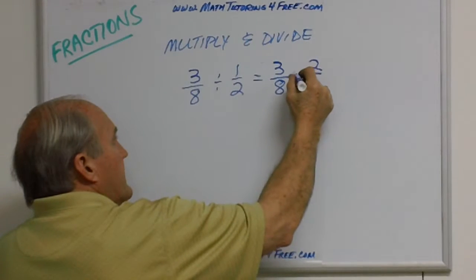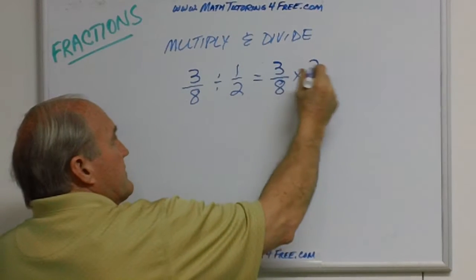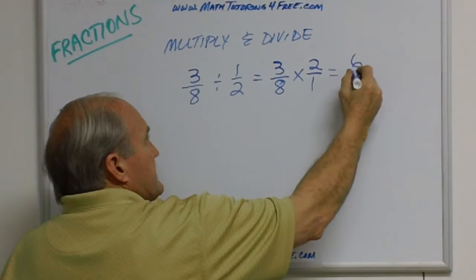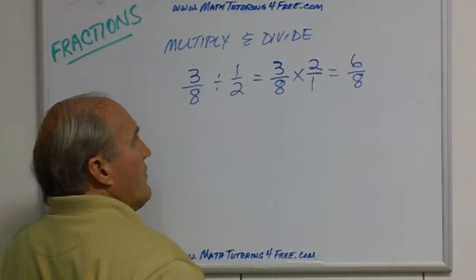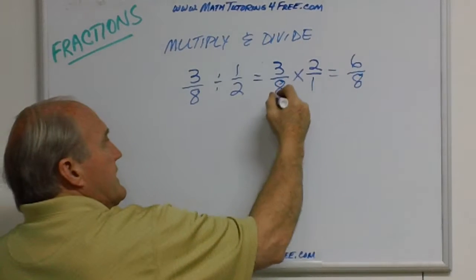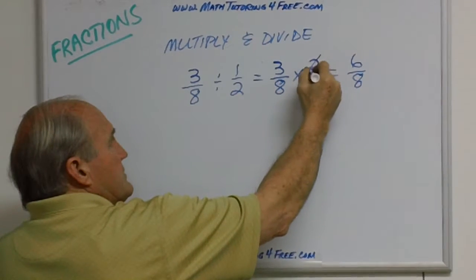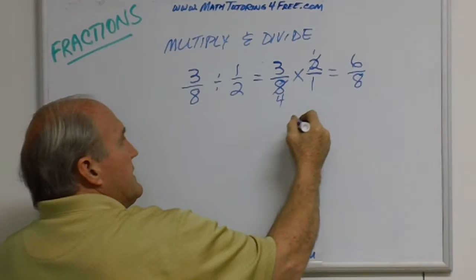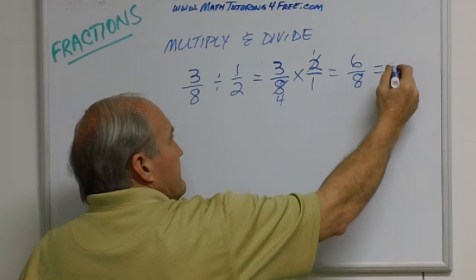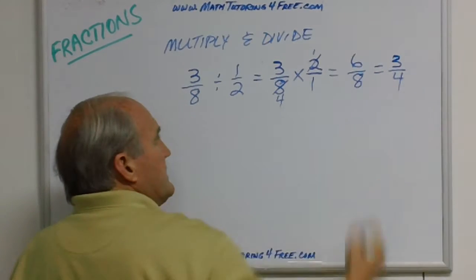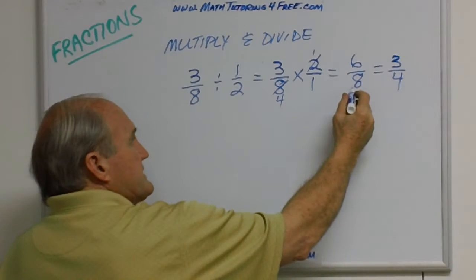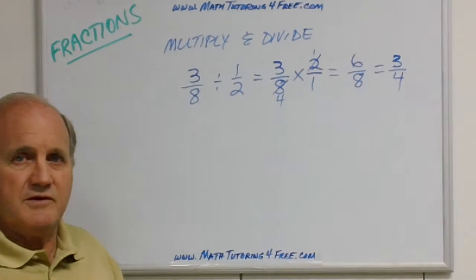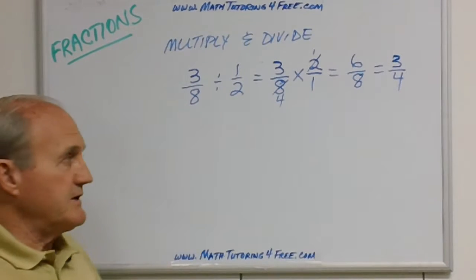So we can multiply straight across and get 6/8, or we could have seen, oh wait a minute, we can cancel first, can't we? 2 goes into 2 once, 2 goes into 8 4 times, and if we'd have done that, we'd have gotten the final answer of 3/4 a little quicker. We get 6/8. Is that equal to 3/4? Yes, by dividing both numerator and denominator by 2.